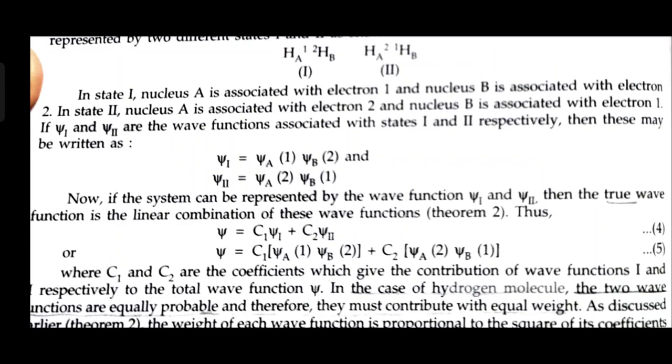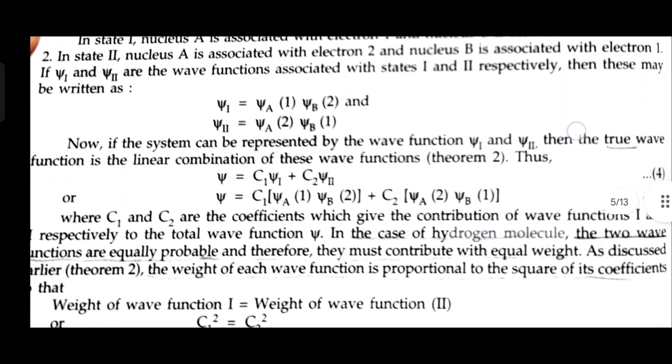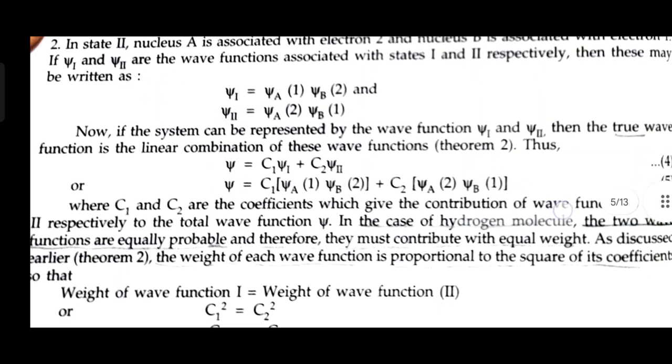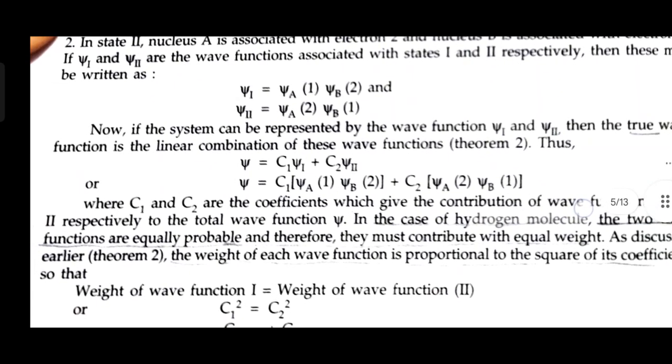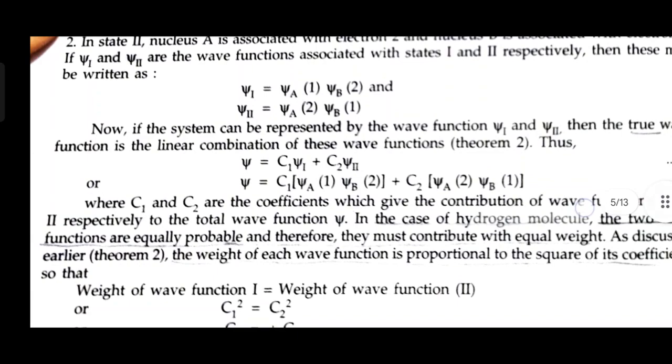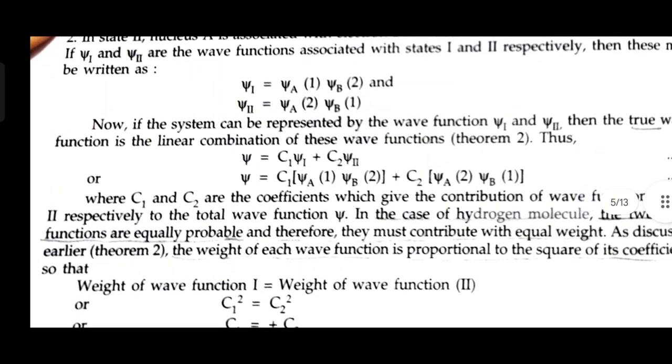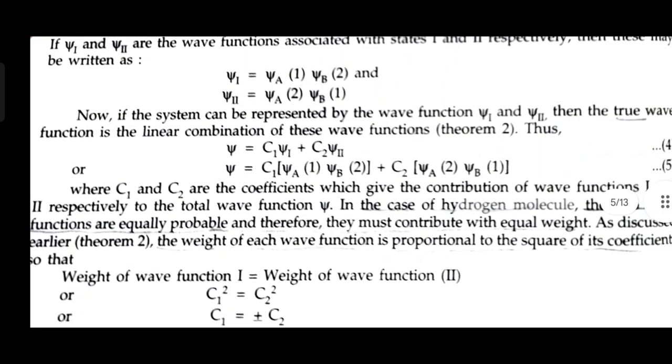Now, if the system can be represented by the wave functions psi 1 and psi 2, then the true wave function is the linear combination of these wave functions, theorem 2. Thus, psi equals c1 psi 1 plus c2 psi 2, where c1 and c2 are the coefficients which give the contribution of wave functions 1 and 2 respectively to the total wave function psi.